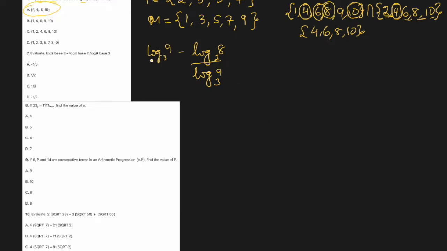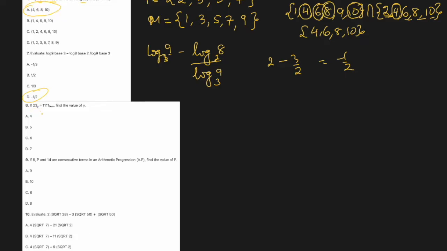Okay, so if we want to do it manually, we can see what exponent of 3 is 9: 2. Minus what exponent of 2 is 8: 3 over 2. So it comes out to be negative half, which is D.